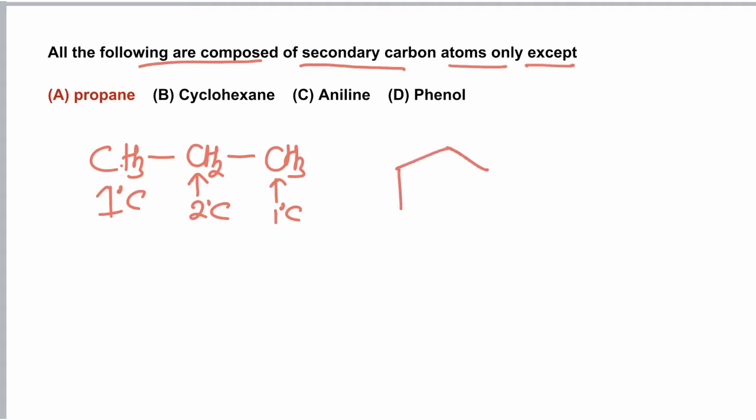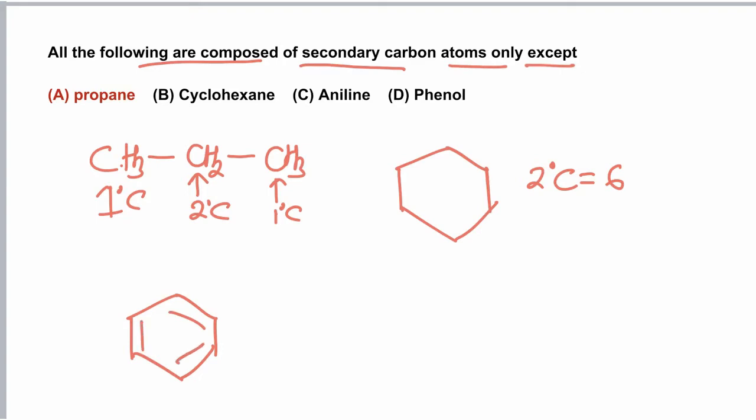While if we take the cyclohexane molecule, in cyclohexane all the carbon atoms are connected with 2 other carbons. So all the carbon atoms are 2 degree carbon. If we take the aniline molecule, in aniline all the carbon atoms are directly connected with 2 other carbon atoms.